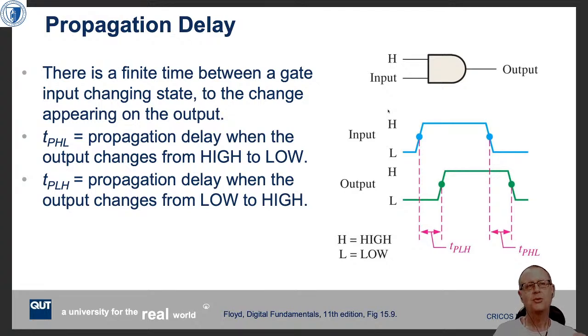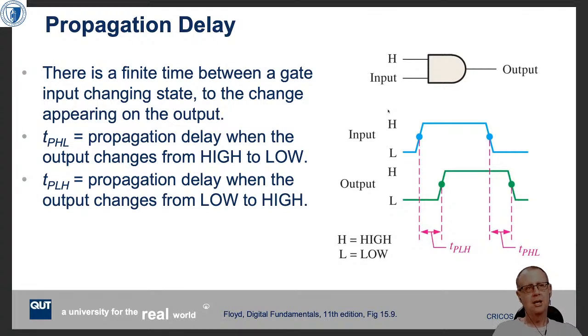Another thing that you've got to come to terms with in logic is even though we talk about it being 0 and 1 and we don't think about timing, as soon as you start devising a real device, you have to think about timing. A device like an AND gate here has what's called a propagation delay. And there's two different propagation delays.